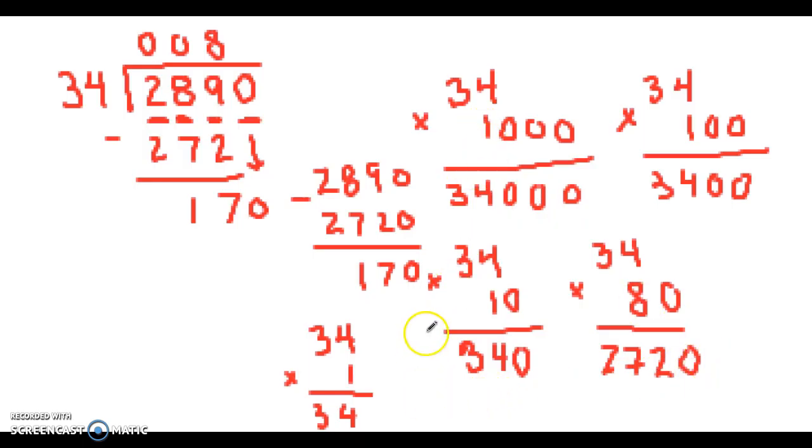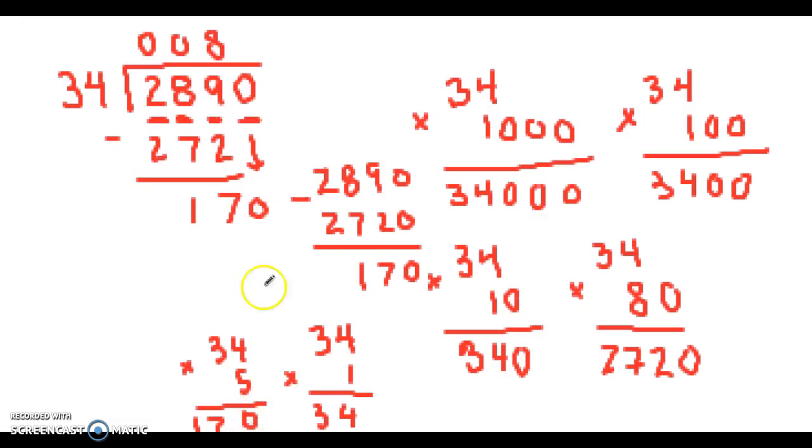And so let's try 34 times 5. And we get 170, which is perfect because that's exactly how many we needed.